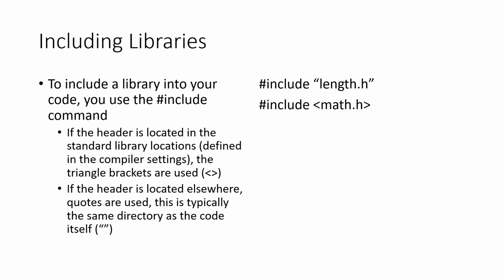Now, when you put the triangle brackets, the preprocessor is going to look at your code and say that the library must be in that folder and grab it. The quotes are a little more flexible. They allow you to look elsewhere in a number of directories that are specified to the compiler. Typically, though, it's going to start by looking in the same directory with the code you've just written. So this allows you to include two separate ways and be able to use libraries depending on where they're located.